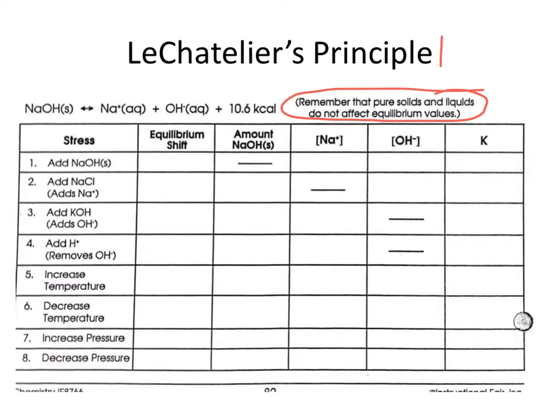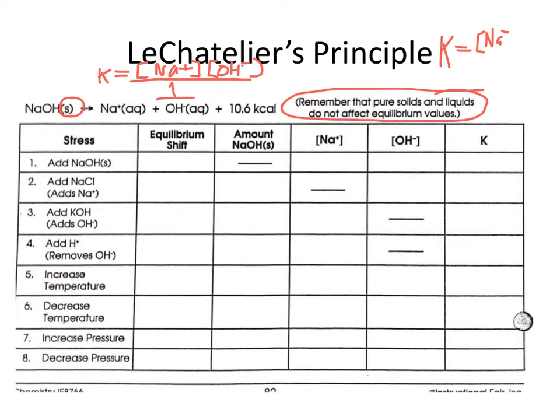So K is going to be equal to Na plus times OH minus over 1, because NaOH is a solid, and so that goes into the equilibrium expression as a 1.